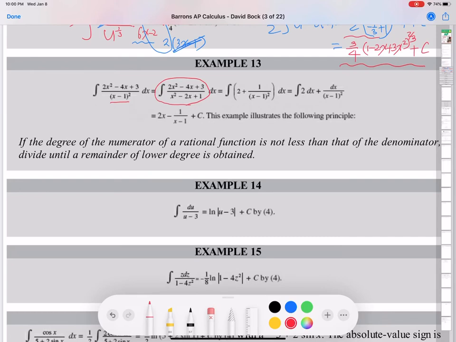How? Just divide 2x squared minus 4x plus 3 by x squared minus 2x plus 1. Okay, I do long division here. So we need what? 2 here, right?